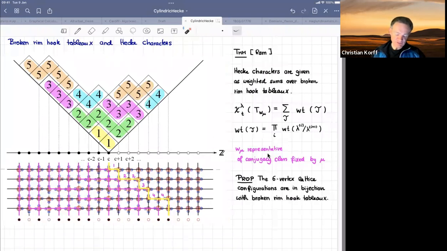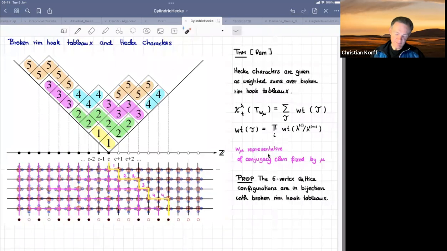And the bijection is just this: take one of these path segments, which are formed by the six-vertex lattice configurations. Now we are doing one row after the other. You see that you have one horizontal edge in row 1, 2 horizontal edges in row 2, 1 in row 3, and then 2 again in row 4.